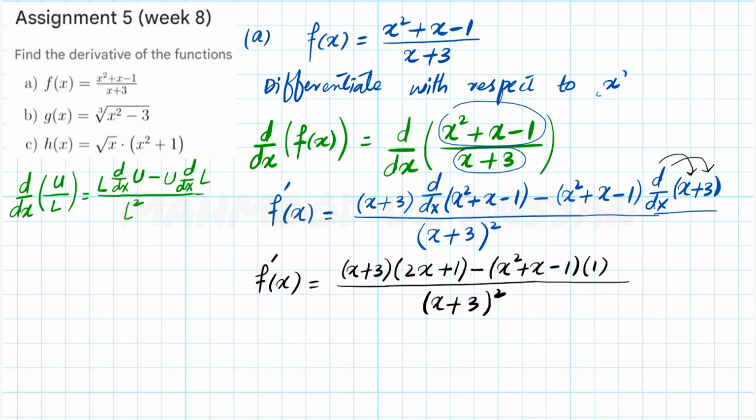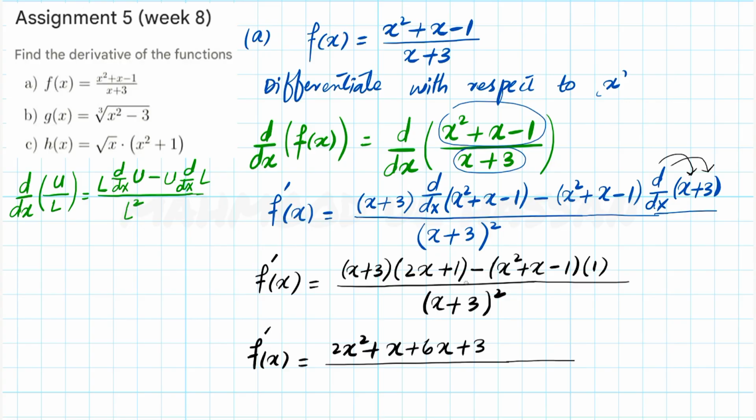Now we are going to simplify this. In the numerator, we are going to multiply. So f prime of x is equal to, here we multiply the first two factors. That would become 2x squared plus x plus 3 times 2 is 6x, and then plus 3.